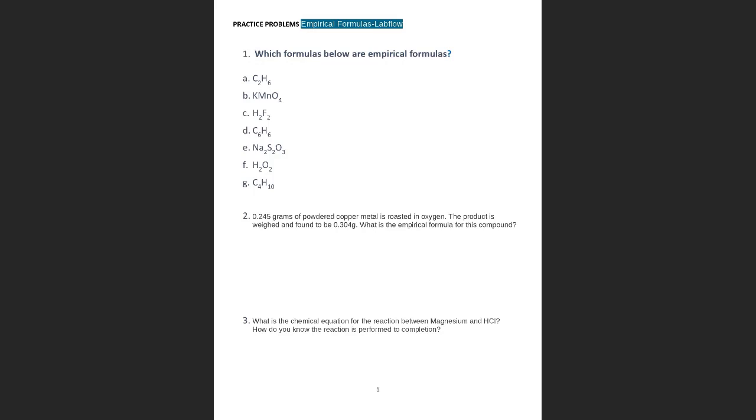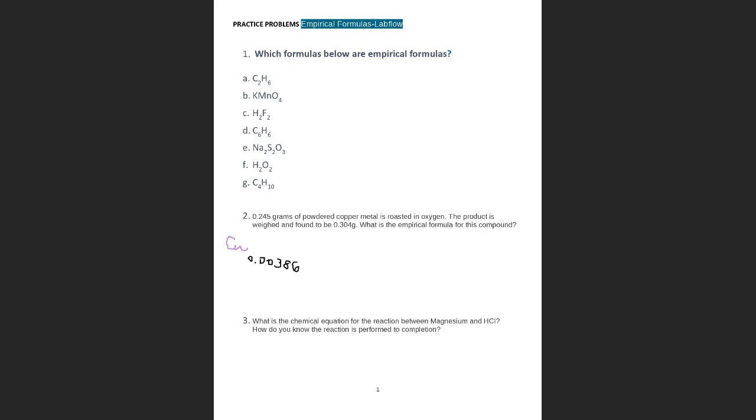And we ended up with copper, I think the copper was, let me find another color, 0.00386. This is the number of moles that we calculated.